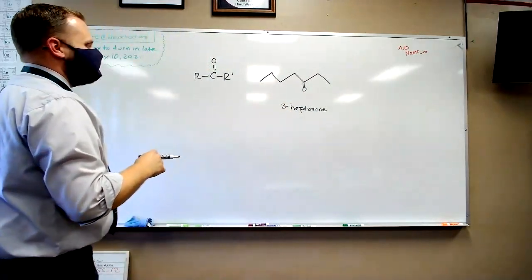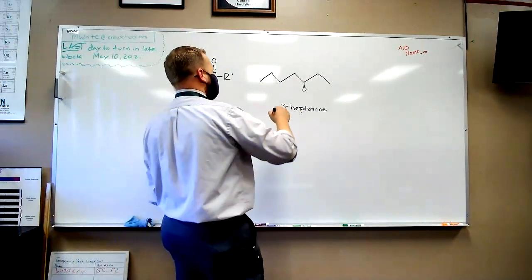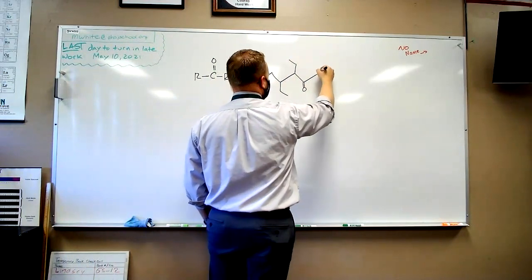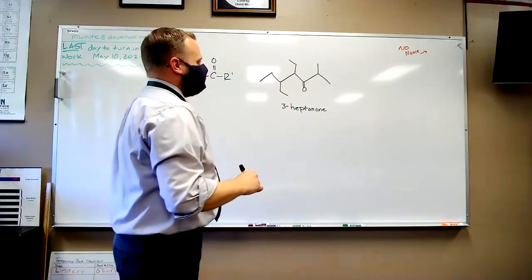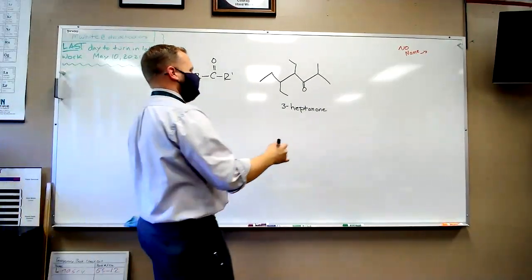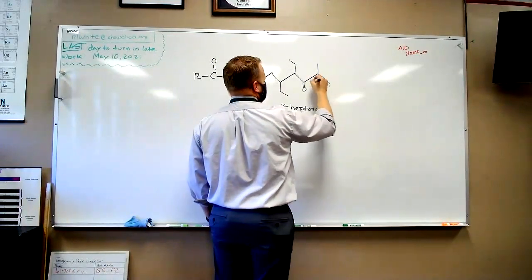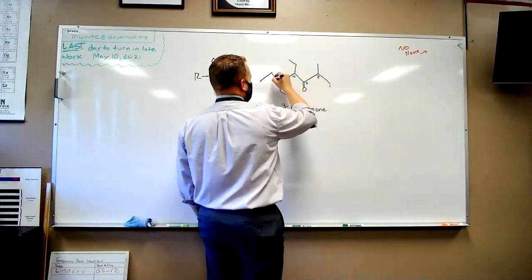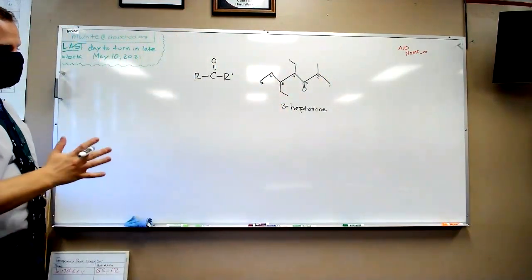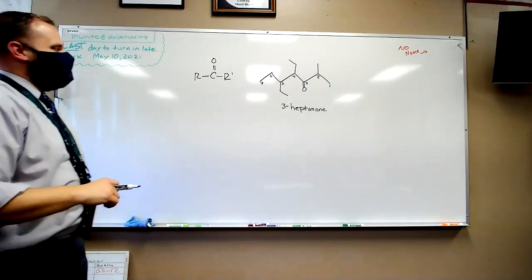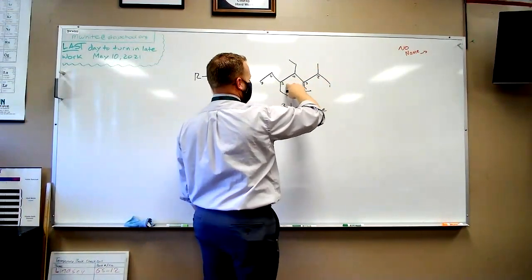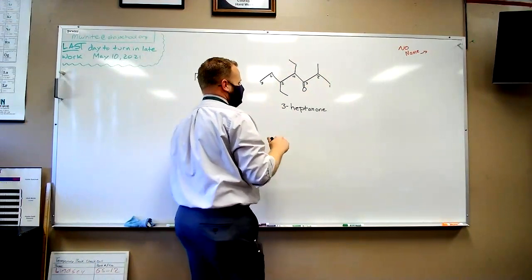Just like always, we can put branches on, and the same rules as before apply. Whenever you are naming, it helps to write out the numbers. So we have a 2-methyl, and at 4 and 5 we both have ethyl.